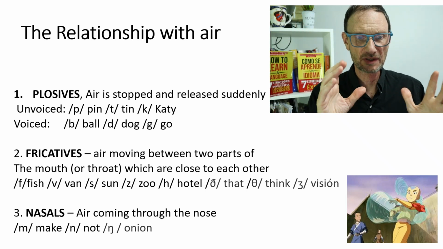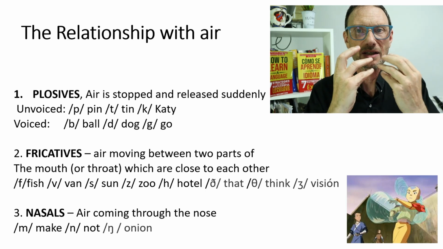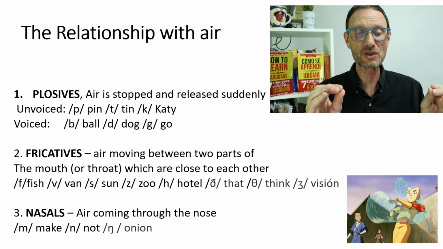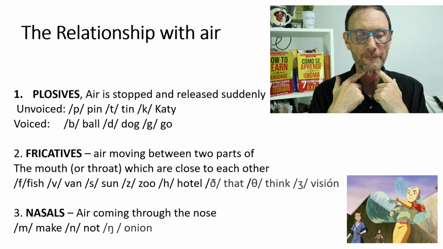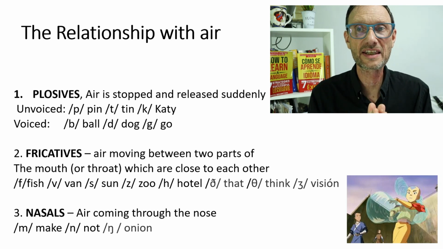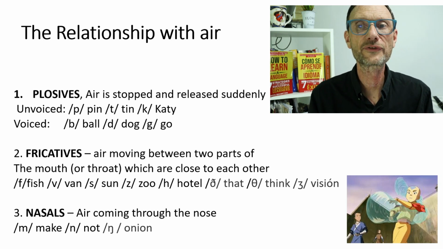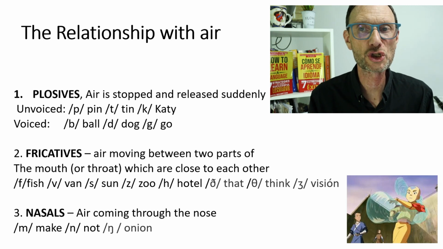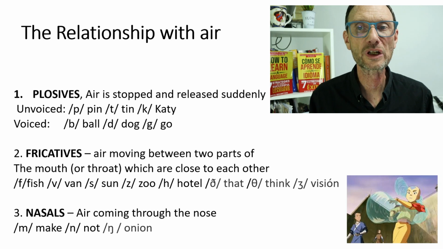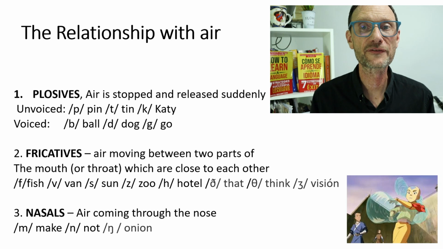Now fricatives, this is more complicated, but in the end you don't need to learn the technical terms. If you practice enough, it will happen. The air moves between 2 parts of the mouth or throat which are close together. So let's look at these. This is, for example, fish. In this case, it's like the tooth and the lip.